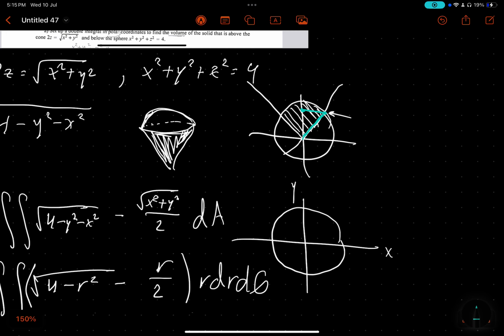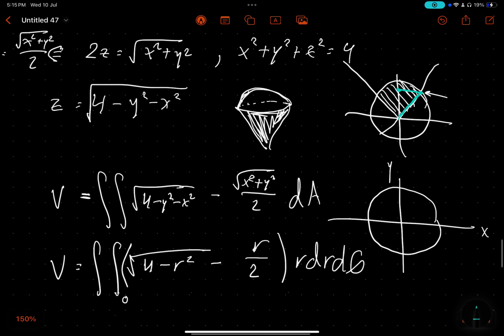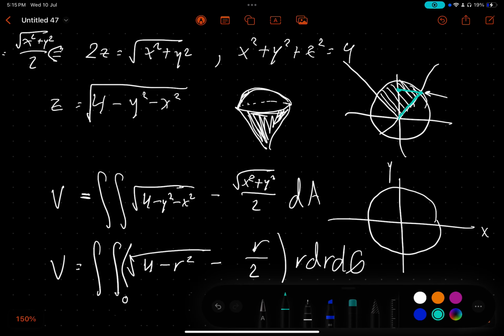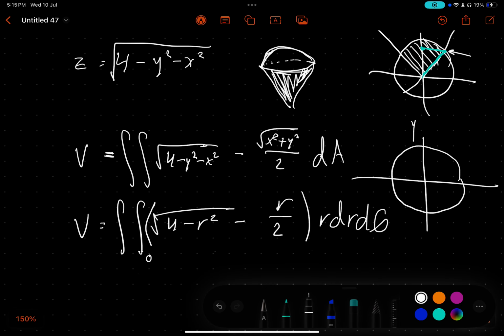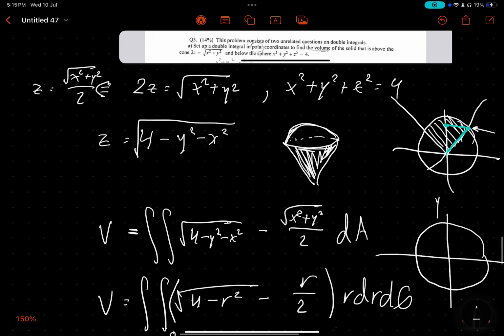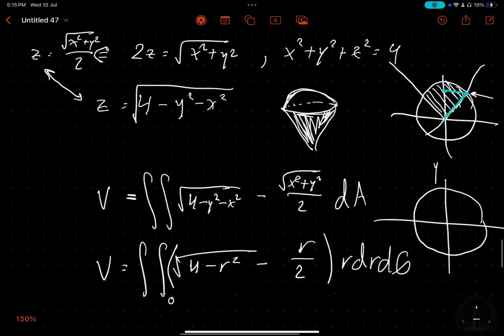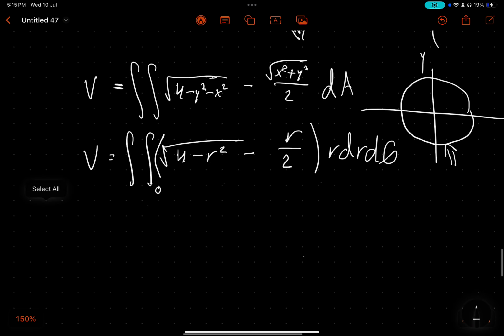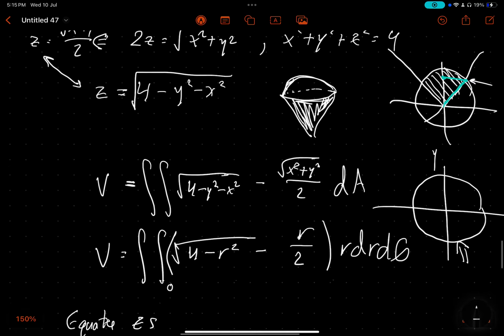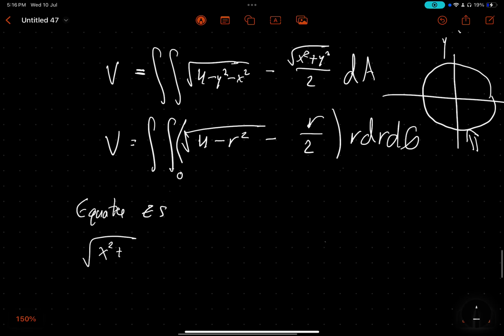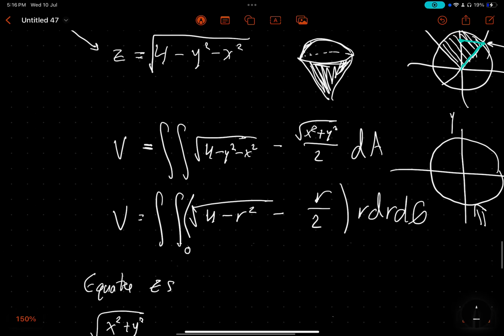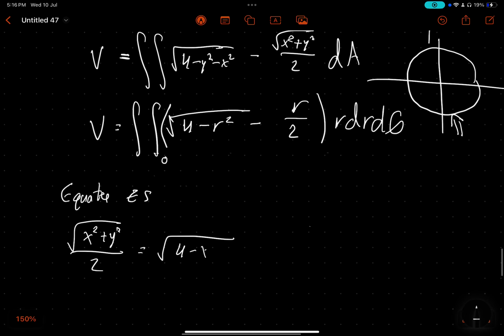So basically, this is the intersection between the cone and the sphere. In order to find the intersection, we can just go here and find the intersection by equating the two z's and finding the values for y and x, and we're gonna get the equation of the circle. So let's equate these. The square root of x squared plus y squared equals the square root of 4 minus x squared minus y squared.